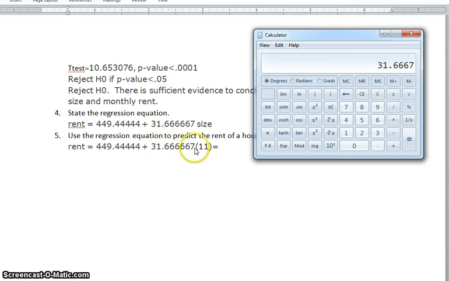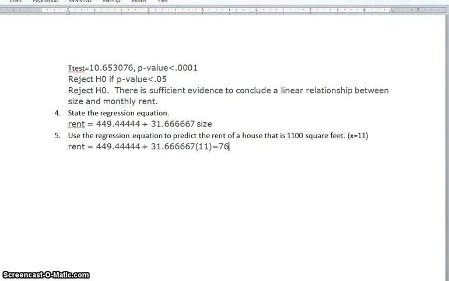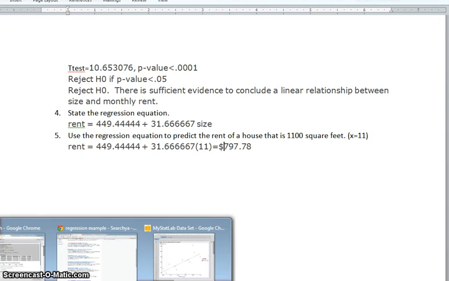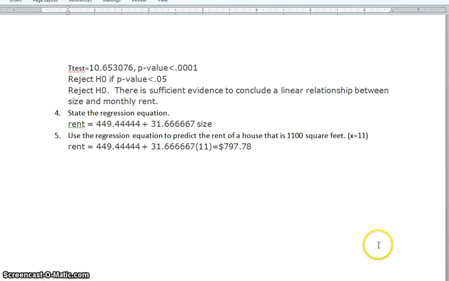So 31.6667 times 11. And then we're going to add that to 449.4444. And we predict 797.78. And this is dollar amount. So we predict that a house that is 1,100 square feet would have a monthly rent of $797.78.